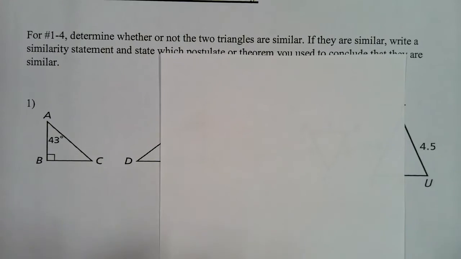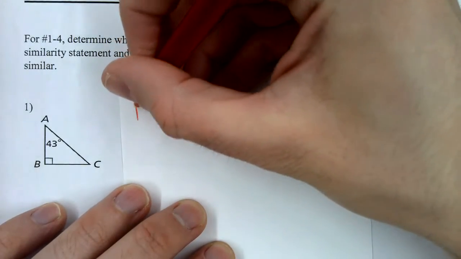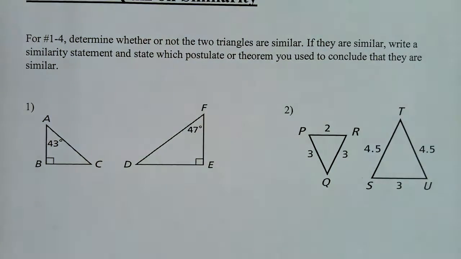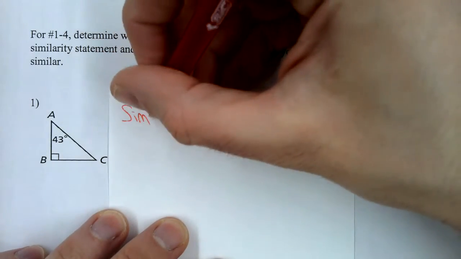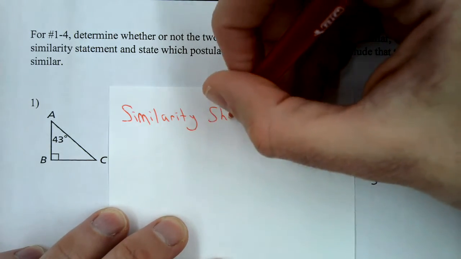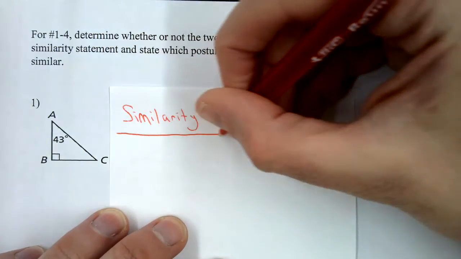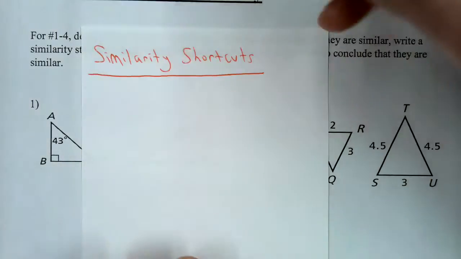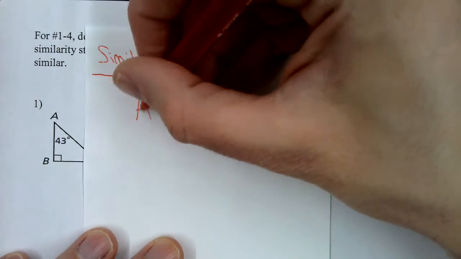So let's go over the three possibilities, the three similarity shortcuts. There's three of them. First, we did angle similarity.